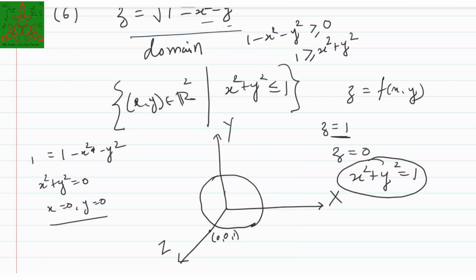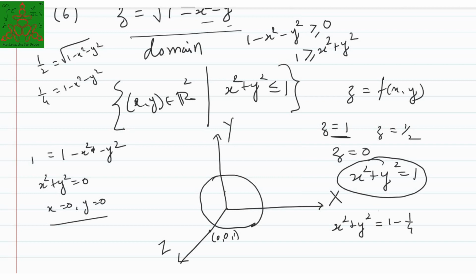If I have z equal to 1 by 2, what will happen? If z is 1 by 2, then 1 by 2 is equal to the square root of 1 minus x square minus y square. If you square it, this is 1 by 4 equal to 1 minus x square minus y square, so x square plus y square is 1 minus 1 by 4, which gives you 3 by 4.